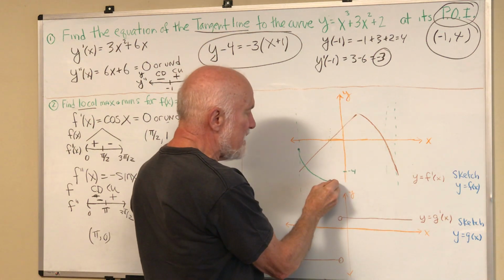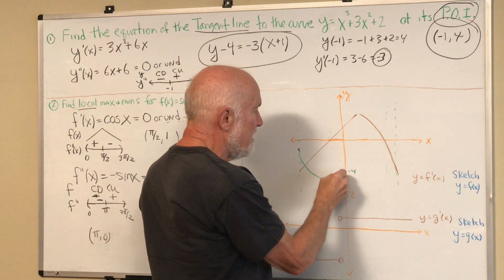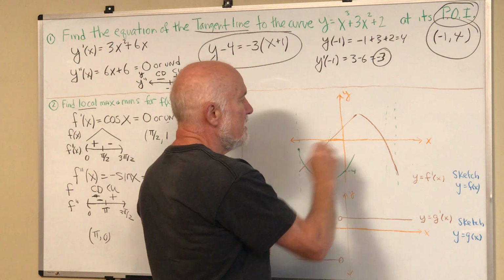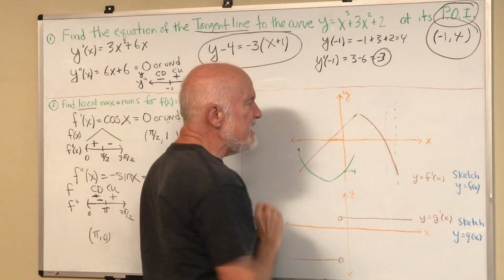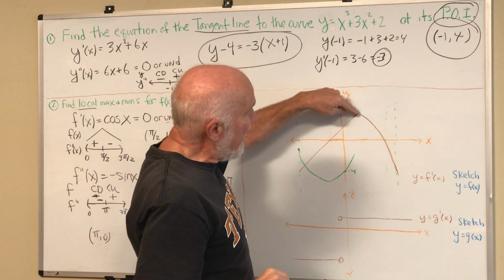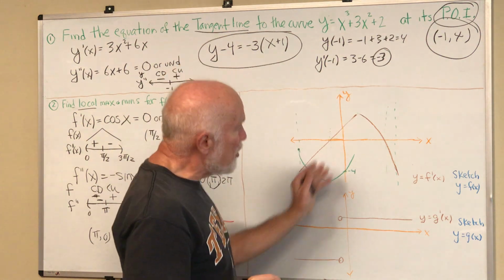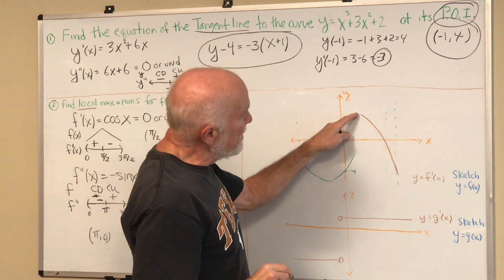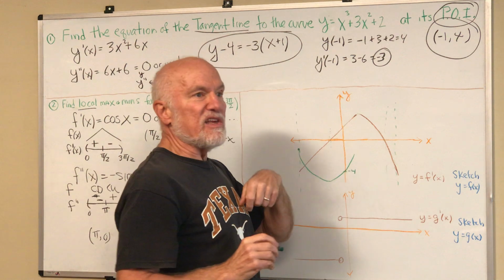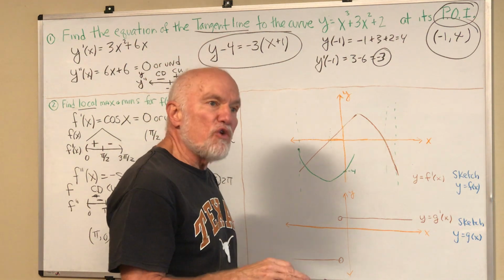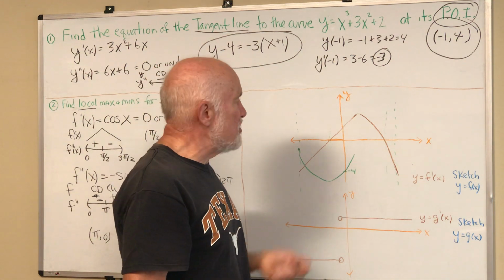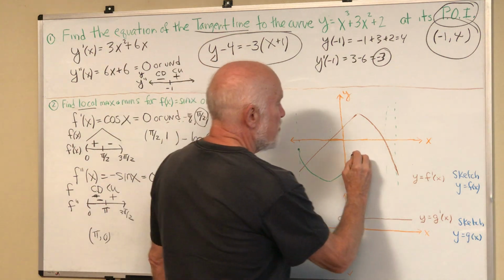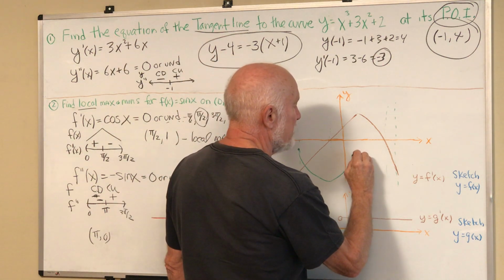So I still have to be concave up. But when I get to this point right here, we still have positive derivatives. So I'm still going up, but now the derivative starts decreasing. And we've shown when a derivative is decreasing, the function is concave down. So I'm going to go concave down.